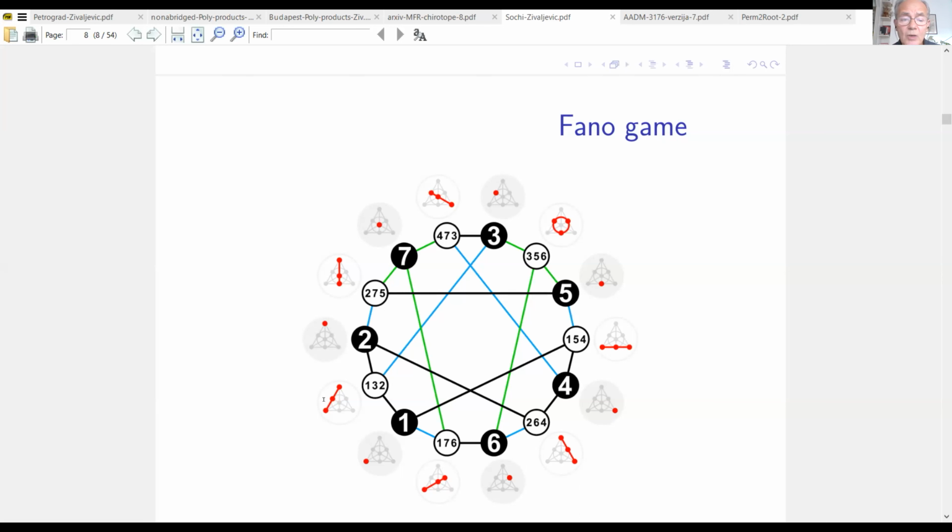So minimal winning coalitions are lines, and complementary sets are losing coalitions. They are, it turns out, precisely the sets which are not winning.